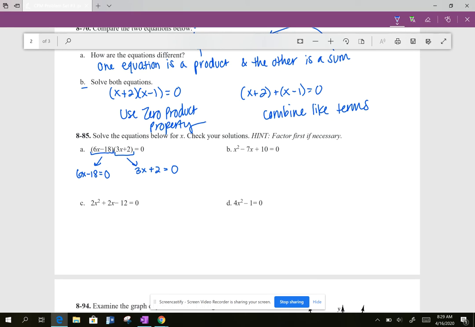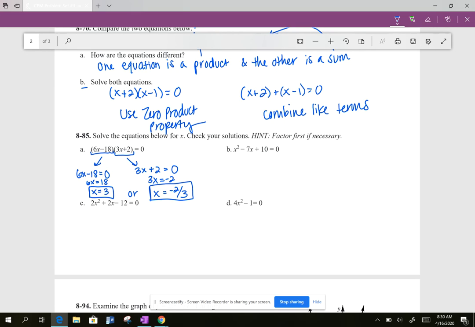If I set 6x minus 18 equal to 0 and I solve for x, I get x equals 3. Here I get x equals negative 2/3. So I can get 2 x values as my answer. I can get 1 in some cases. But we say x equals 3 or x equals negative 2/3 because you can plug in 3 or negative 2/3 in for x, and both of those values will make the expression equal to 0.